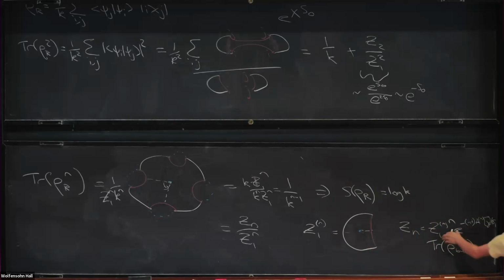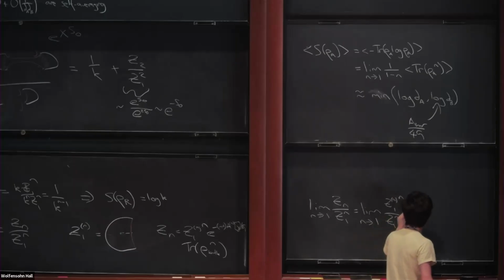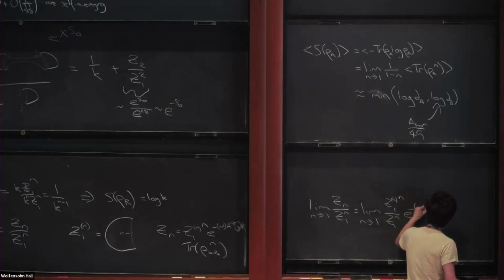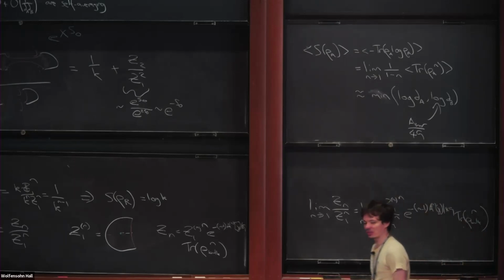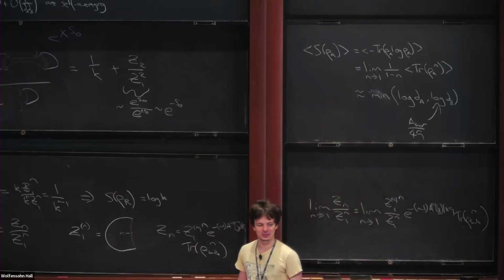We just plug in this formula. Limit as n goes to 1 of Z1n to the n over Z1 to the n, e to the minus n minus 1 times A_gamma over 4G, times trace of rho bulk to the n. And then we make another beautiful observation.